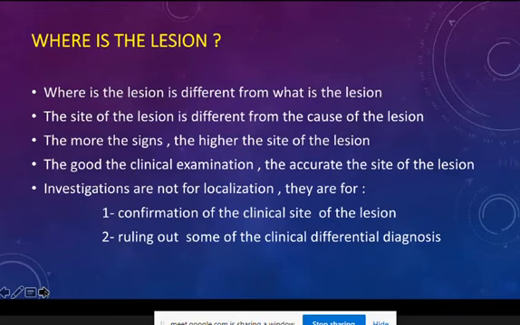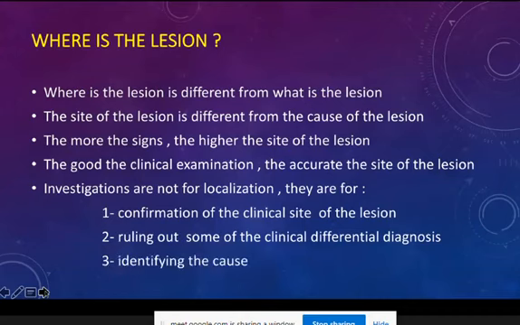If I say this is most likely a space-occupying lesion, or arterial malformation, or benign intracranial hypertension, I will do an MRI scan, number one, to rule out a space-occupying lesion, but a normal MRI scan will not rule out BIH. So the investigation we ask for, number two, is to rule out some of the clinical differential diagnoses.